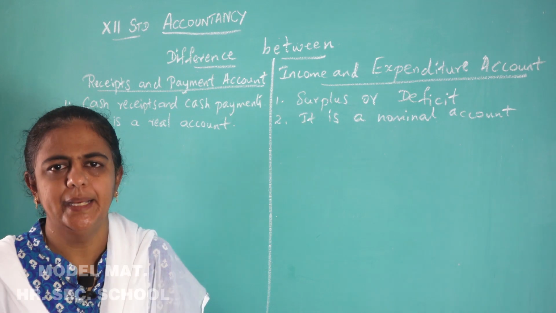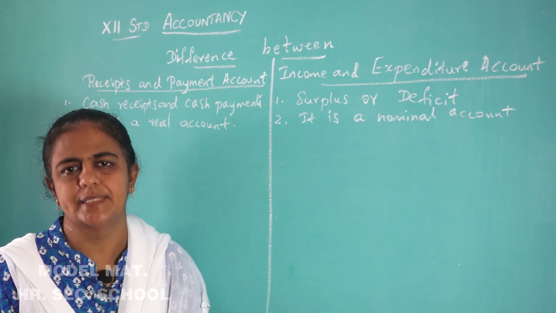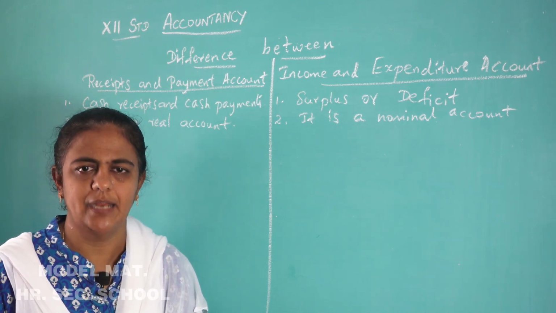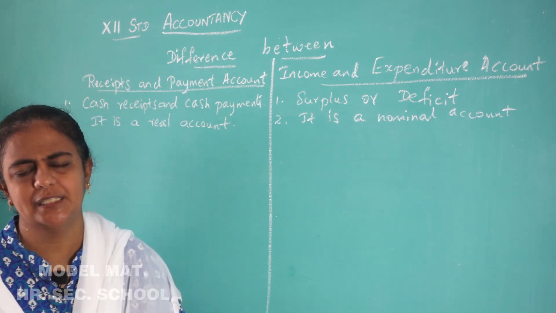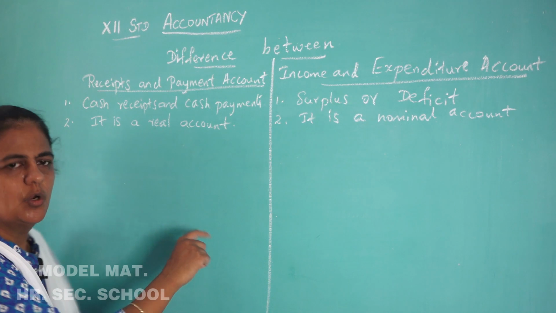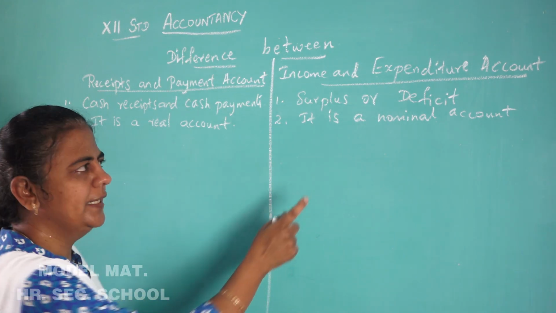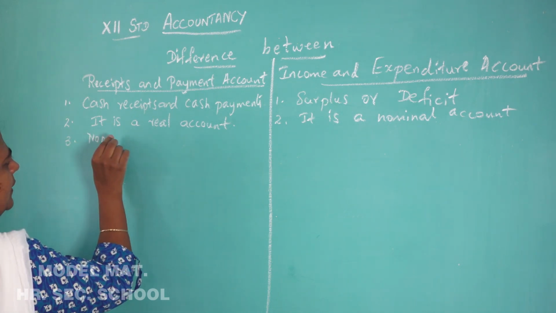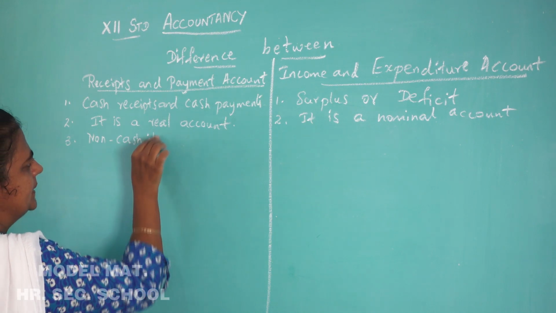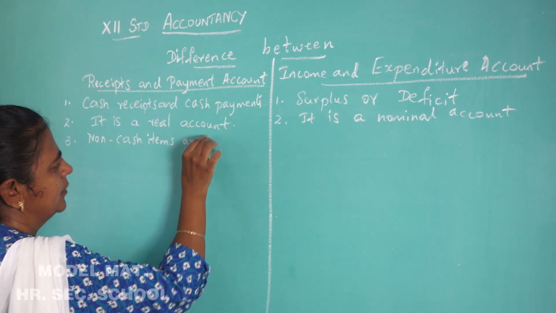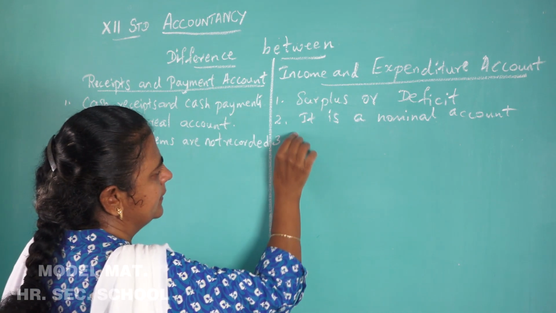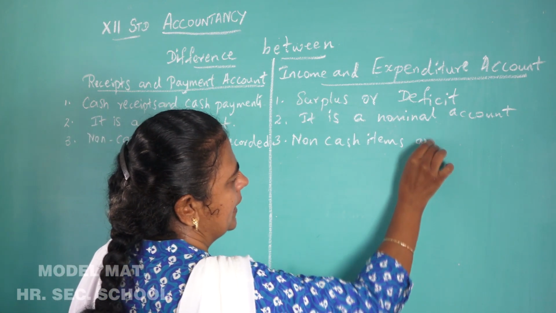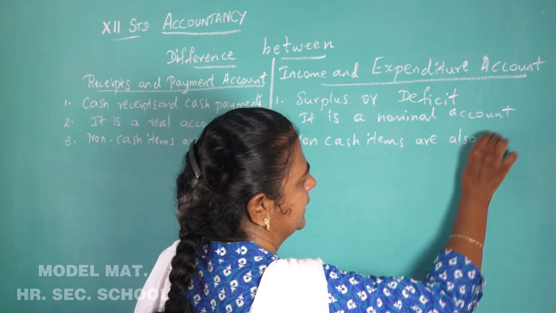As I already told you, in receipts and payments account, non-cash items, that is outstanding expenses, prepaid expenses, income received in advance, are not recorded, but all the non-cash items are recorded in income and expenditure account. So the third difference is: non-cash items are not recorded here, non-cash items are also recorded here. Is it clear?